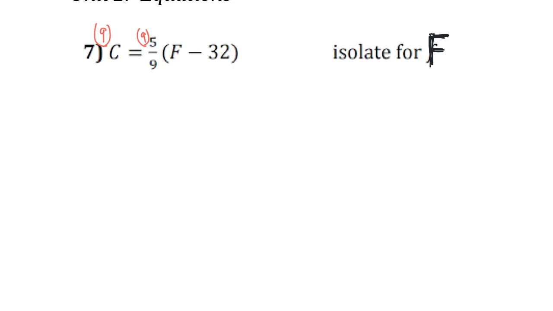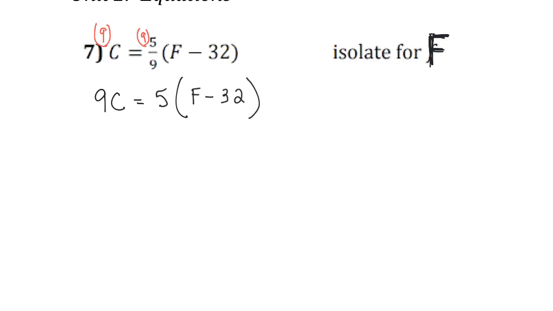Okay, so on the left-hand side, we've got 9 multiplied by C. That's 9C. And on the right-hand side, this is going to read as 9 times 5, which is 45. 45 divided by 9, that is 5. So we have 5, and we still have this bracketed portion, F minus 32.